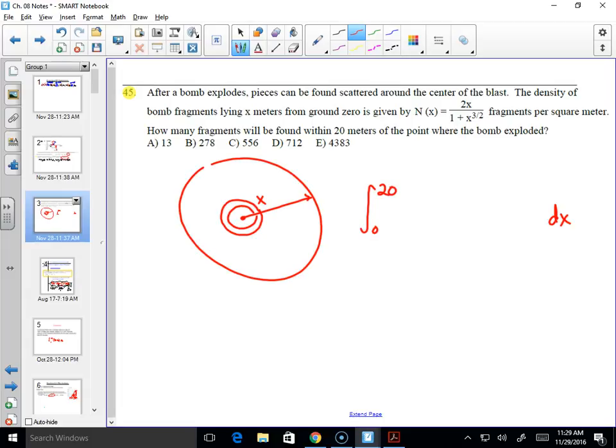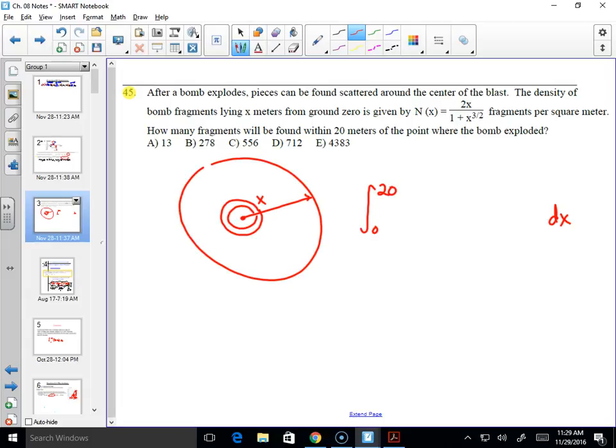Now, for the rectangular pieces, we did base times height, but remember height was the dx. In this one, can't we just think of circumference, and then the dx is going to be the thickness? So we have our circumference, and then we multiply by dx, which gets the thickness. Washers, no, not washers.